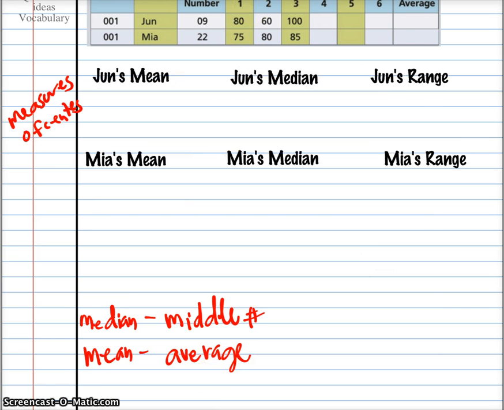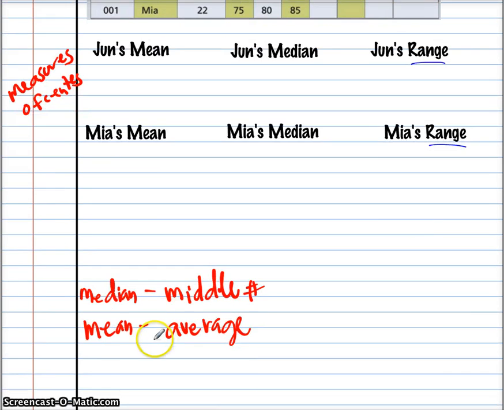This range that I marked here is how far the numbers are from each other. Range is the biggest number minus the smallest. So that tells me, well, this is your best score, this is your lowest score. How far away are they from each other?